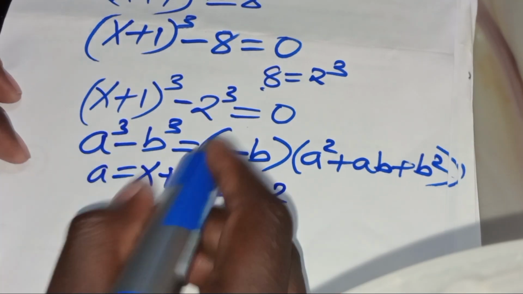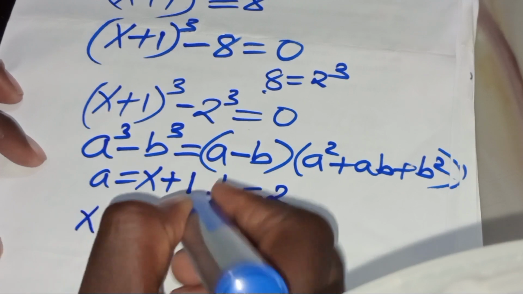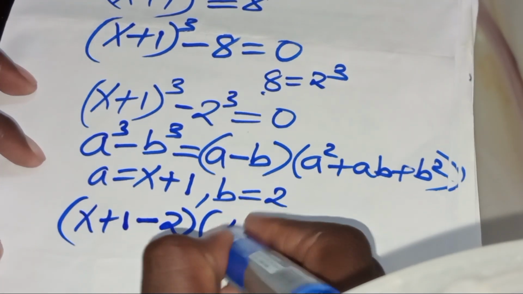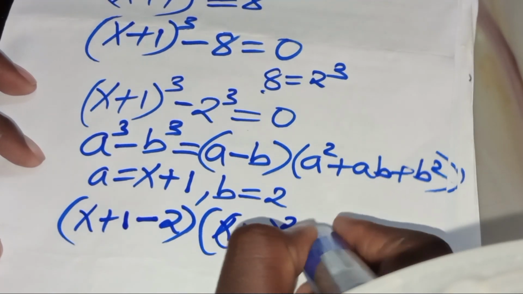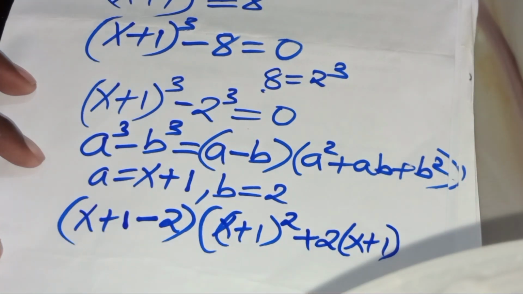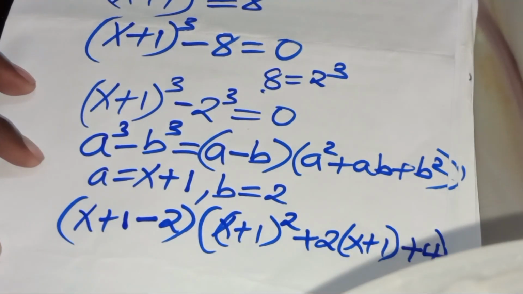So here we'll have (x + 1 - 2), then (x + 1)^2 + 2 multiplied by (x + 1), then plus 2^2, which is equal to 4.